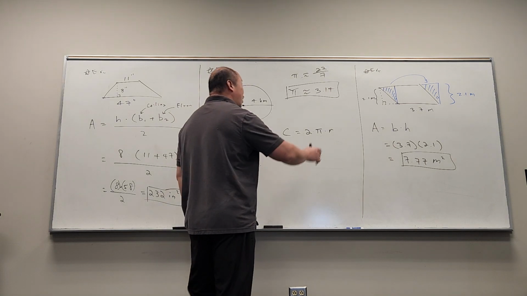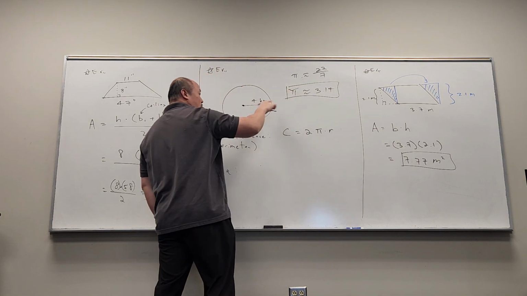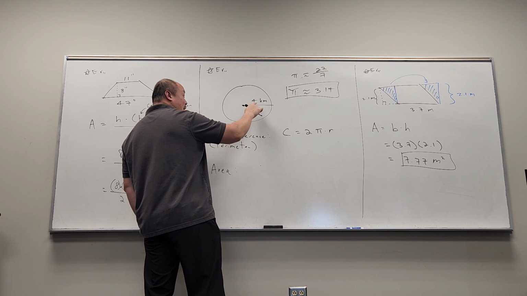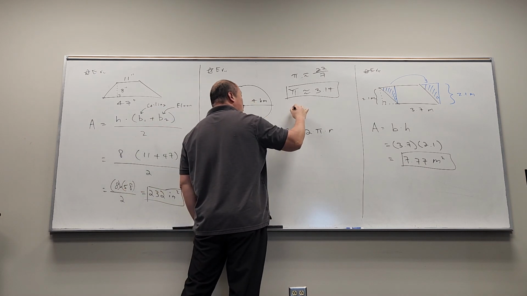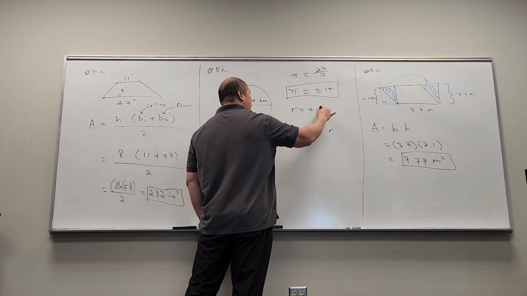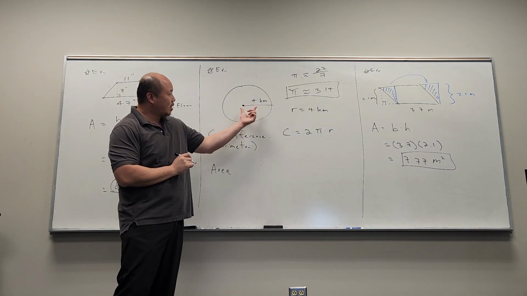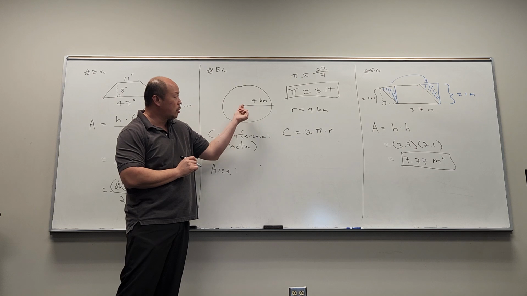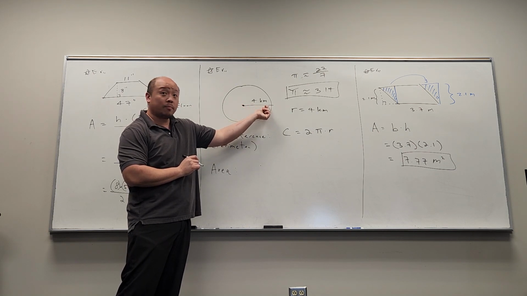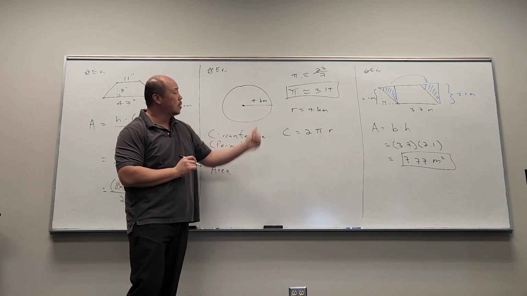But anyway, let's plug all those information into this guy. R equals 4 kilometers. All right. Radius is always the half length between the center to the circumference, to the outskirts.